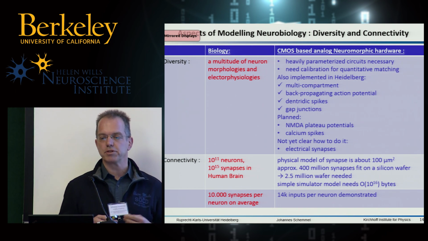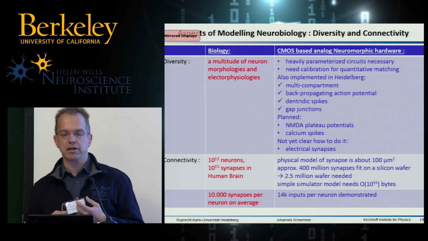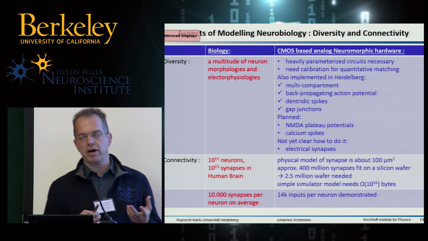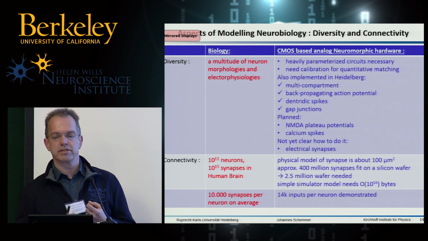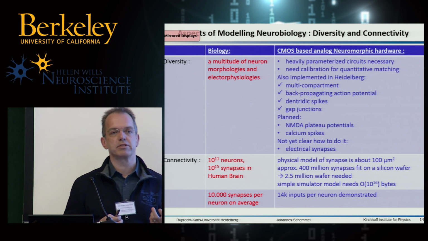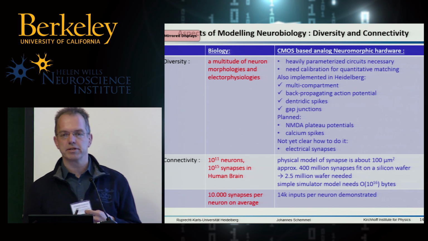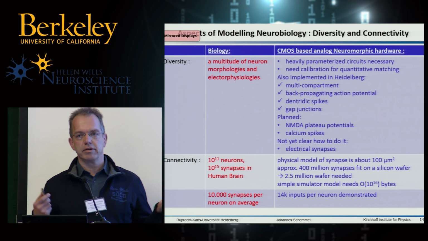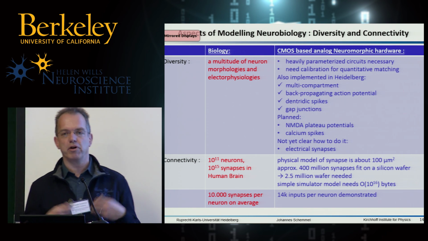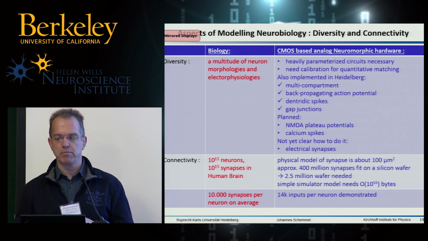So in biology, we have a multitude of neuron morphologies and electrophysiologies, and we try to cope with this, in that these neurons I've shown are heavily parameterized circuits. So we have a lot of parameter storage. We have 24 analog parameters for each of these neurons. But this needs a complicated calibration before you can start to perform experiments.